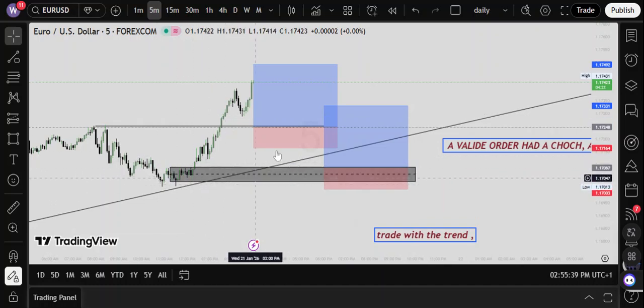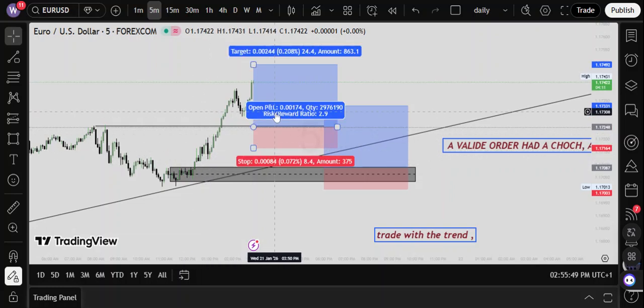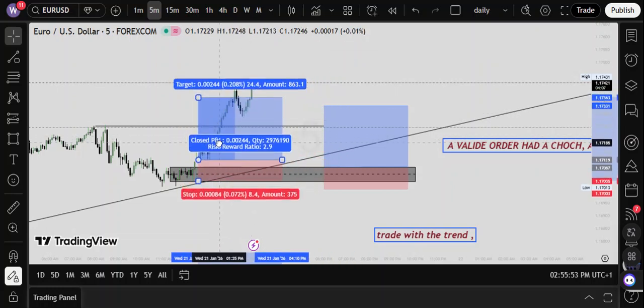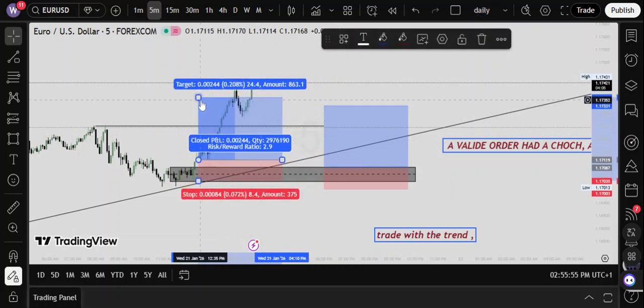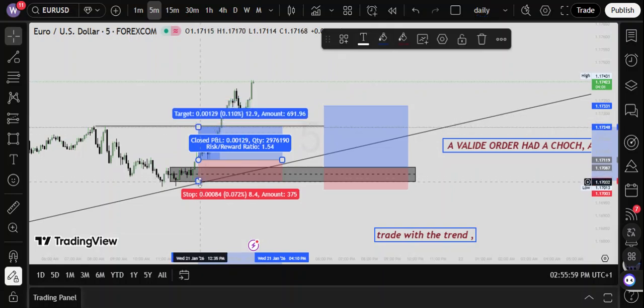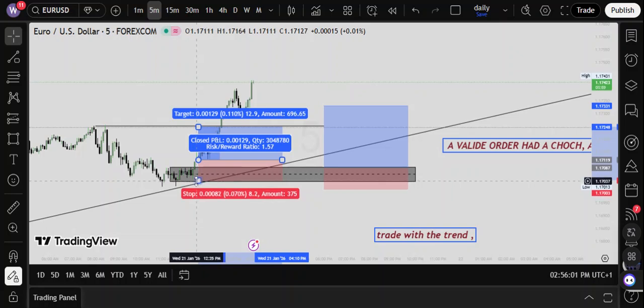But I think when we came early, when price retested this same trend line, you see that price pulled back. This pullback would have been a very good entry for us. We would have taken an entry right at this moment, right? And target the next high, just right below the order block.